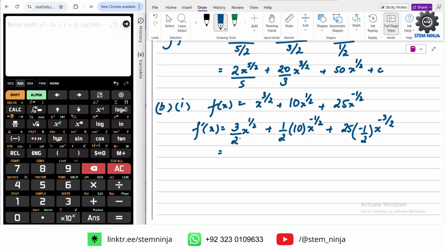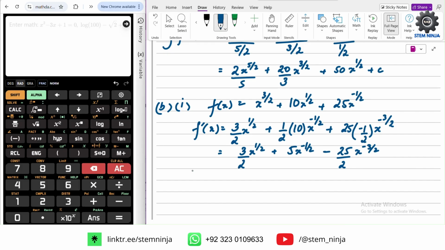So let's simplify before trying to make it into that form. This one is fine: 3 over 2 x to the 1 over 2. This one is 5x to the minus 1 over 2, plus this would become minus 25 over 2 x to the 3 over 2.